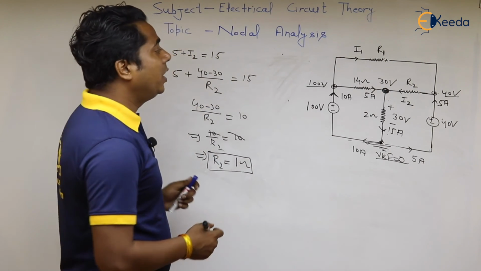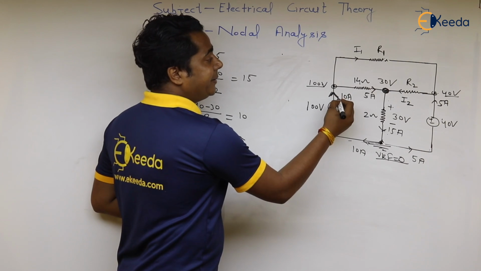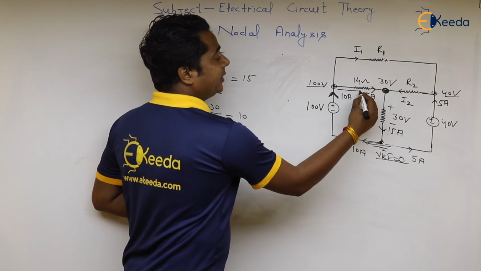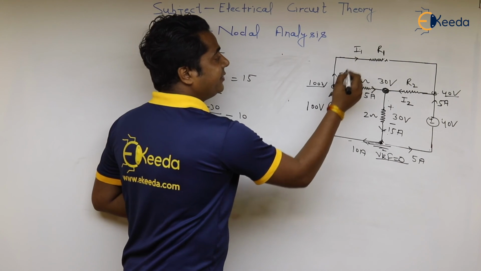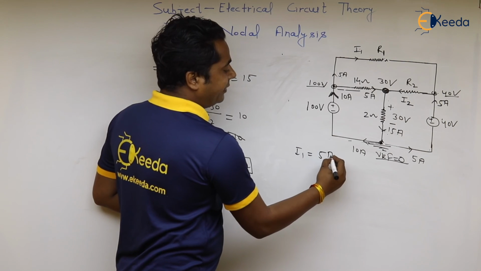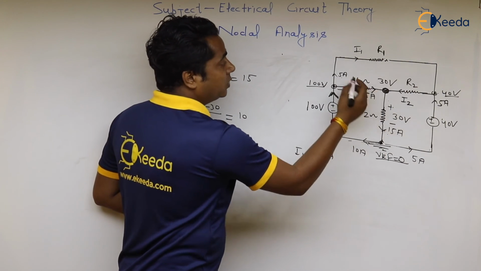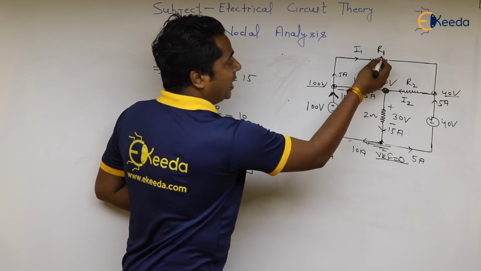We know that if this is 10 ampere, and from 10 ampere 5 ampere is here, then 5 ampere will be here. It means the value of I1 is equal to 5 ampere. We can also write the value of I1 as 100 minus 40 upon R1.